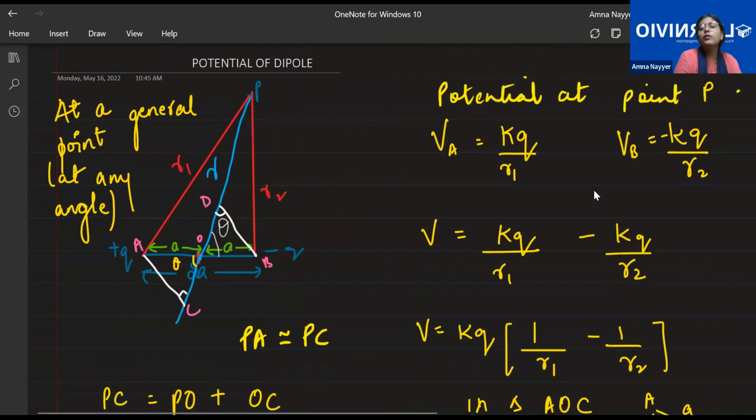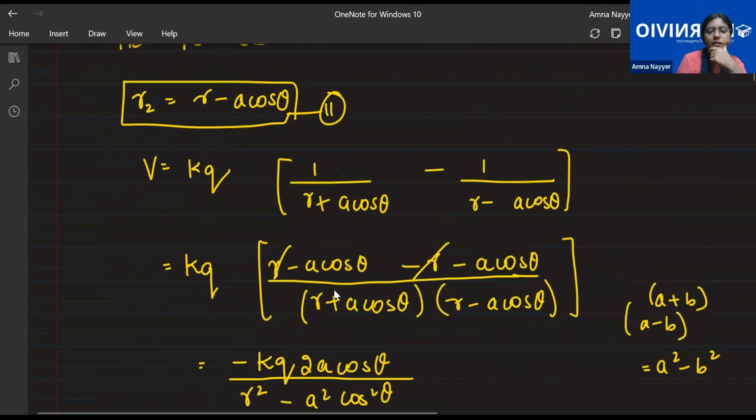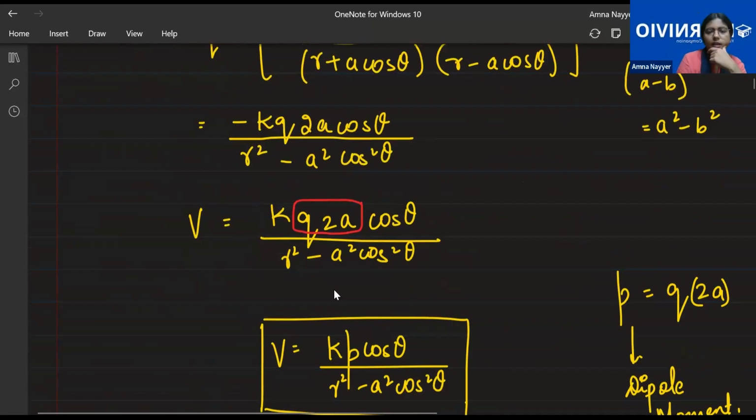And ma'am, why is it positive? For modulus function? Modulus is positive because see, potential is scalar. So if you get negative charge, you put it as minus. If you have positive, you put it as positive. Because your dipole is present, and we are talking about dipole. In dipole, a positive and a negative charge is present together. So that's why we put modulus.